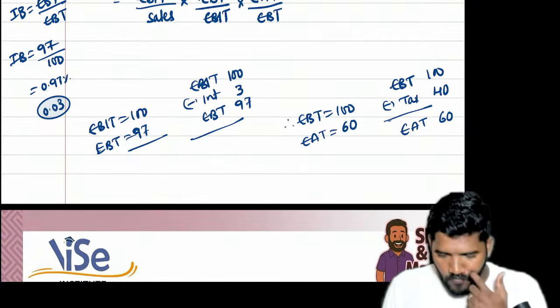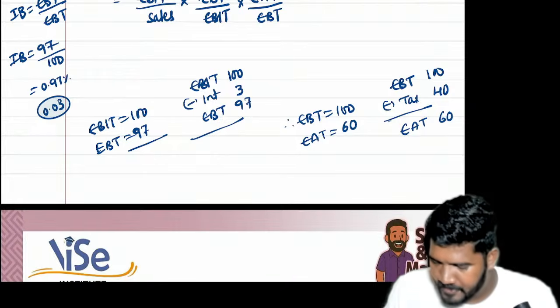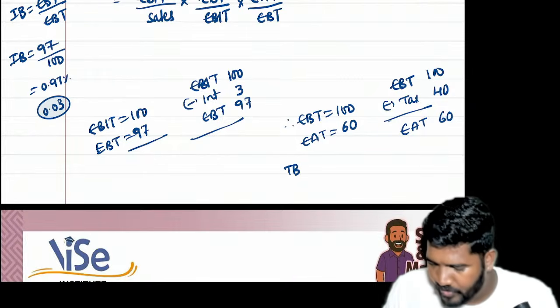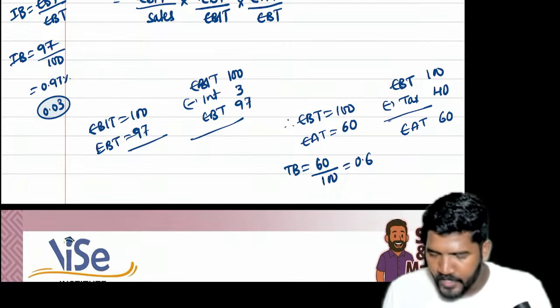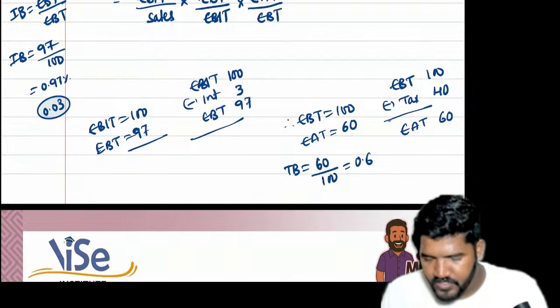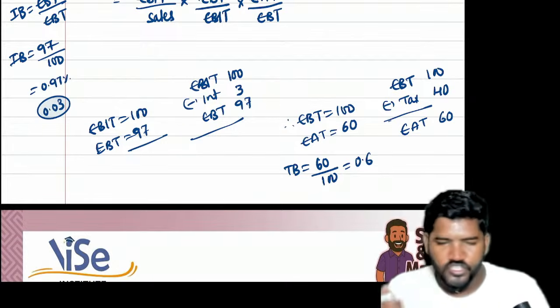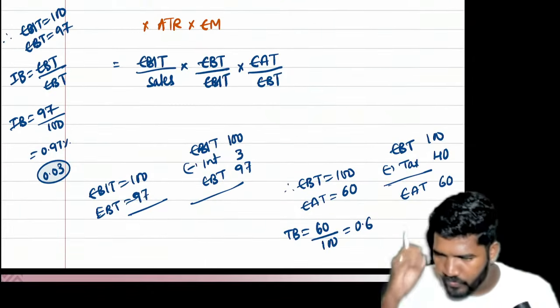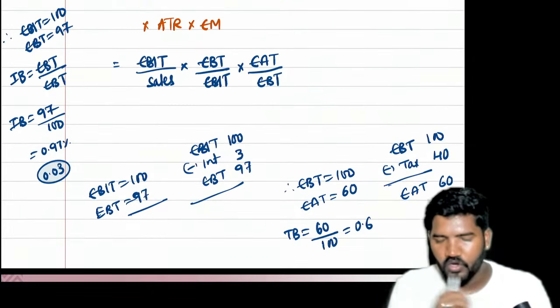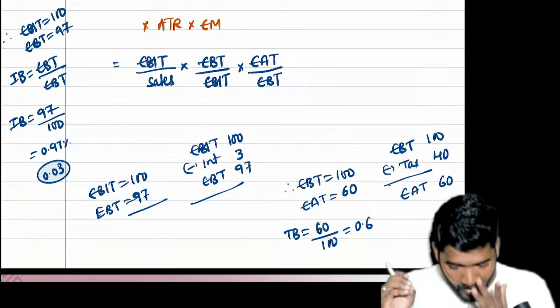Calculating tax burden, it equals 60 divided by 100, which is 0.6. For every 1 rupee earned at EBT, we pay 0.4 of tax, and we net enjoy 0.6. Guys, clear? With only one ratio, we are assessing a lot of parameters or indicators.